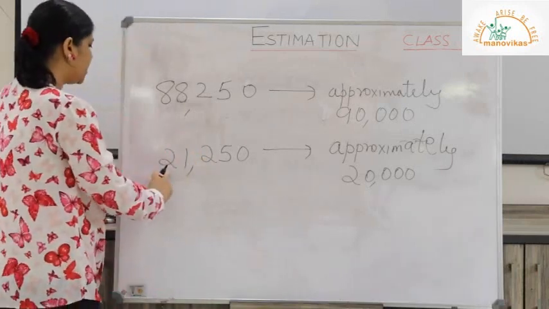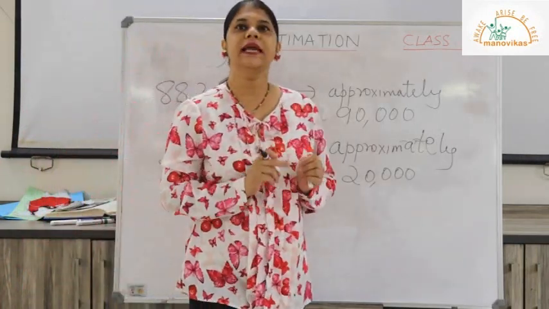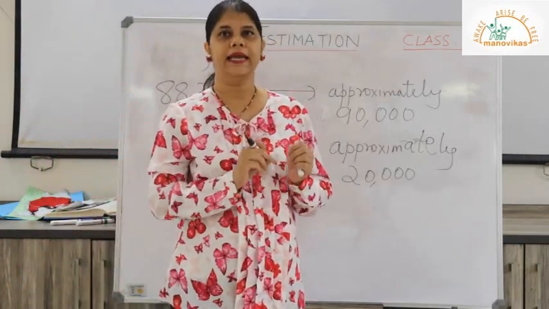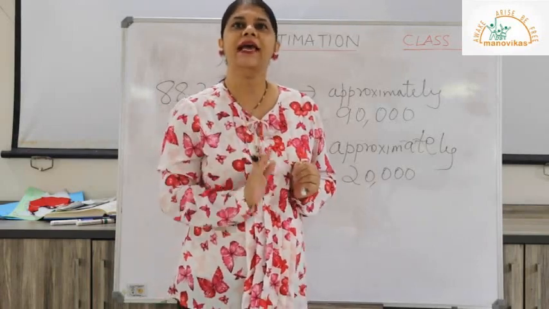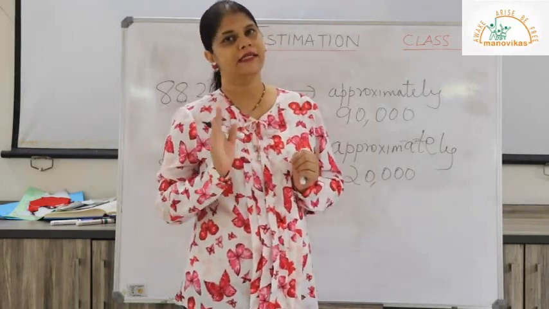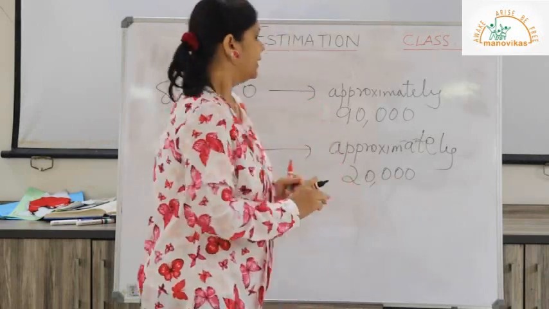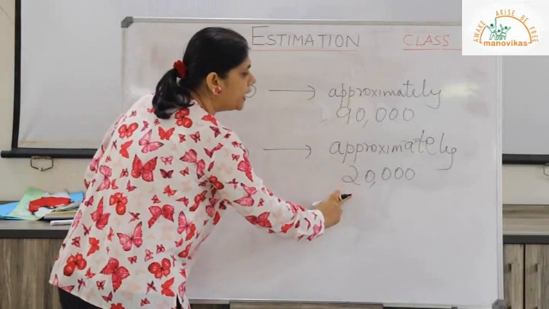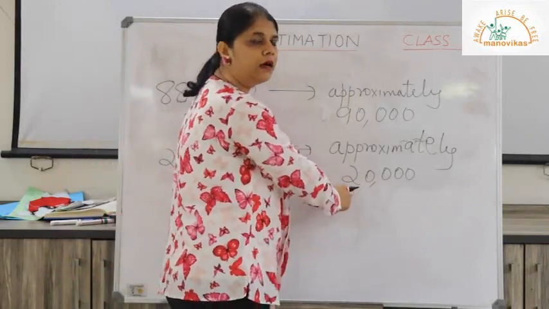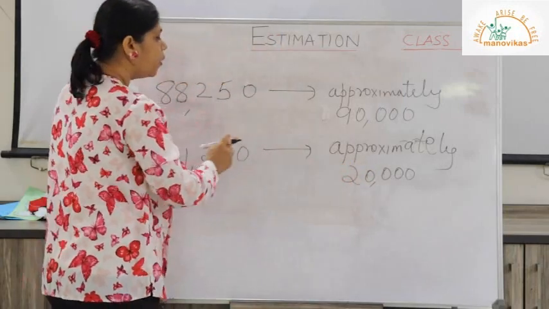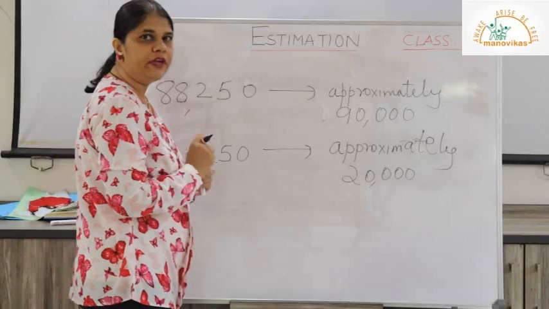Say 21,250 people go to a stadium to watch a match. Again, here I am not interested in knowing the exact number of people at the stadium. So again, what can I say? I can say that approximately 20,000 people went to the stadium to watch the match, which is again very close to 21,250.